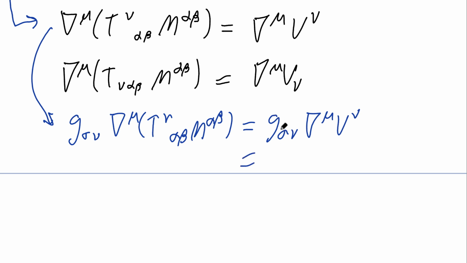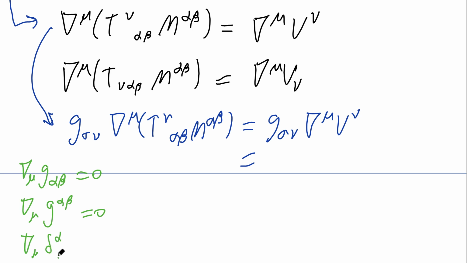We can pass this factor of g inside the covariant derivative precisely because the covariant derivative acting on the metric vanishes. So recall ∇_μ g_{αβ} is 0. Also, the covariant derivative acting on the inverse metric is 0. And also, of course, ∇_μ acting on the Kronecker delta is 0.